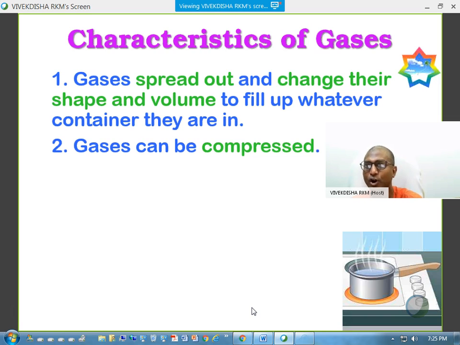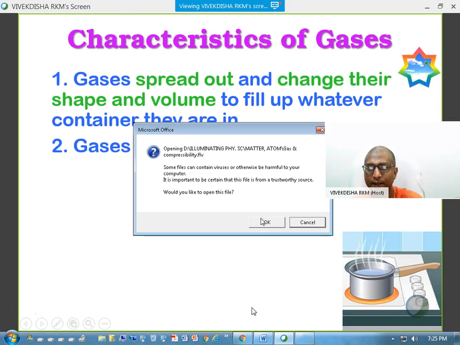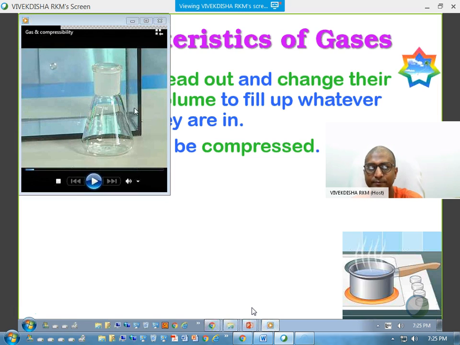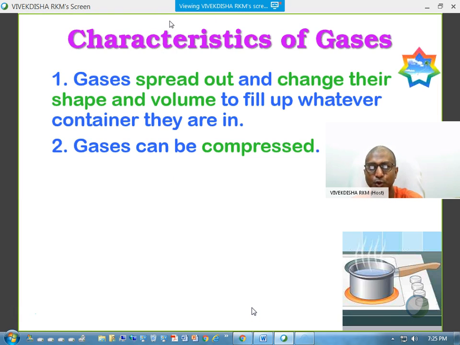So gases can be compressed. I will try to show one thing.